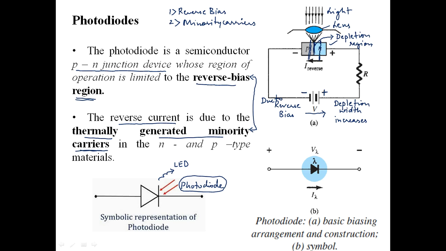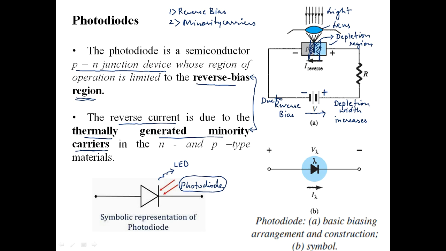Then why are we trying to shine light within that depletion region when there are no carriers? Because this region is completely devoid of any free carriers. Devoid in the sense there are no free carriers.